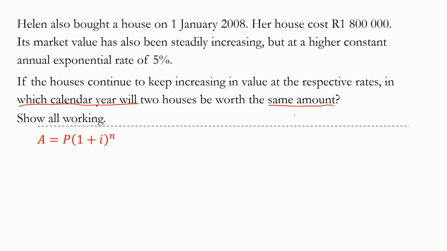Actually, if you check here, we are saying we want to find the calendar year in which the two houses will be worth the same amount. Okay, so it means we're going to have the A value for Helen, 1 plus I to the power N, and then we're going to have the A value for John.